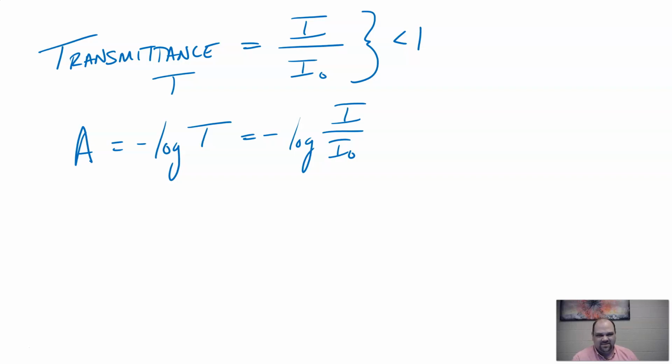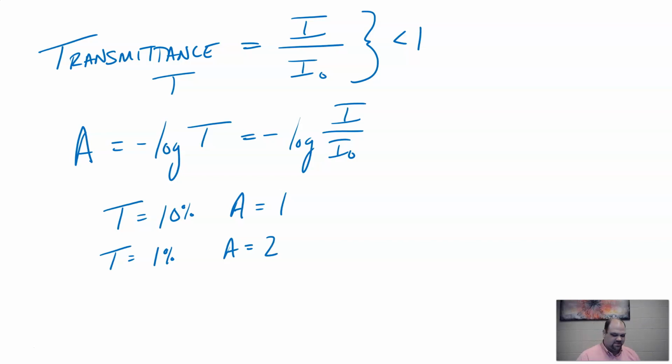Because this is logarithmic, just real quick, if the transmittance is 10%, then A is equal to 1. If the transmittance is 1%, A is equal to 2, and so on. That's the logarithmic relationship.